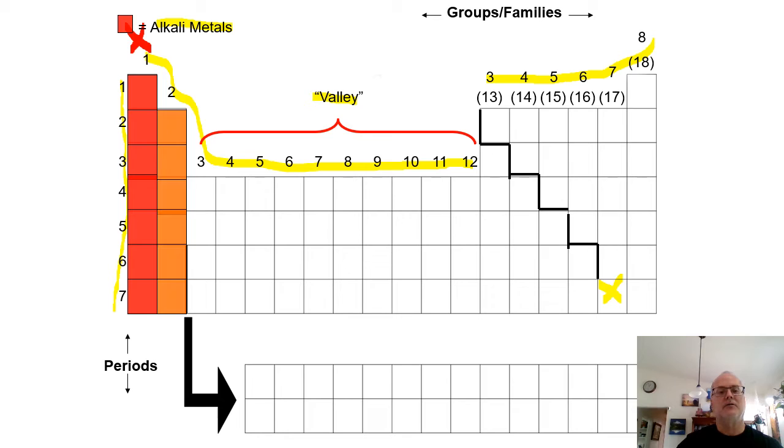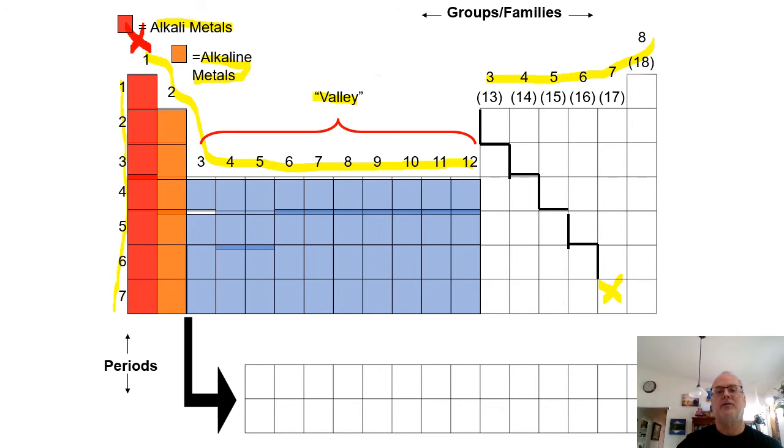The first color code will be red, and that will be for the alkali metal family, which is column number 1. This column will be shaded in as red, and then you will fill in the different symbols that belong to that family. The next color is orange. Orange will be for the alkaline earth metals, and they are in family number 2. For all of the valley elements, these are called the transition metals. They're going to be colored in as blue.